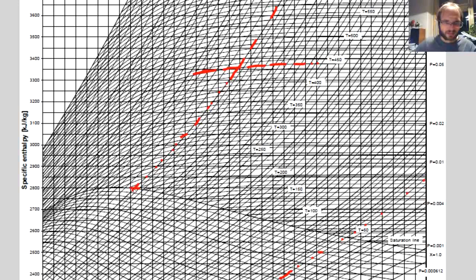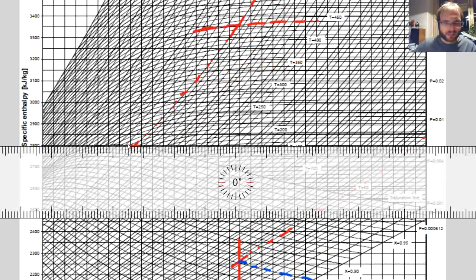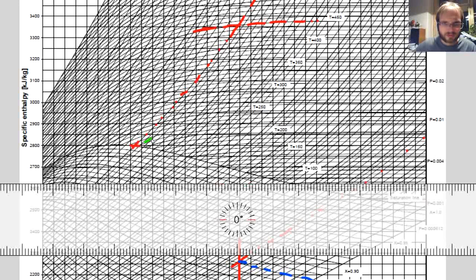And at this point, the intersection with the saturated vapor line, we can get the enthalpy, which is apparently just under 2800, and we can also get the temperature. We can see that the isotherm going from this point is this one, which will be apparently 210 degrees C. So 210 degrees C and 2800 kilojoules per kilogram.